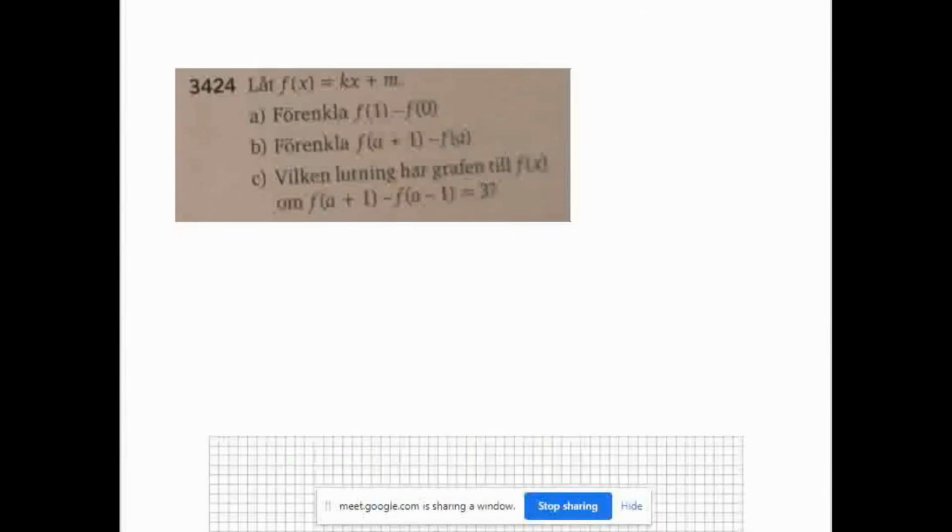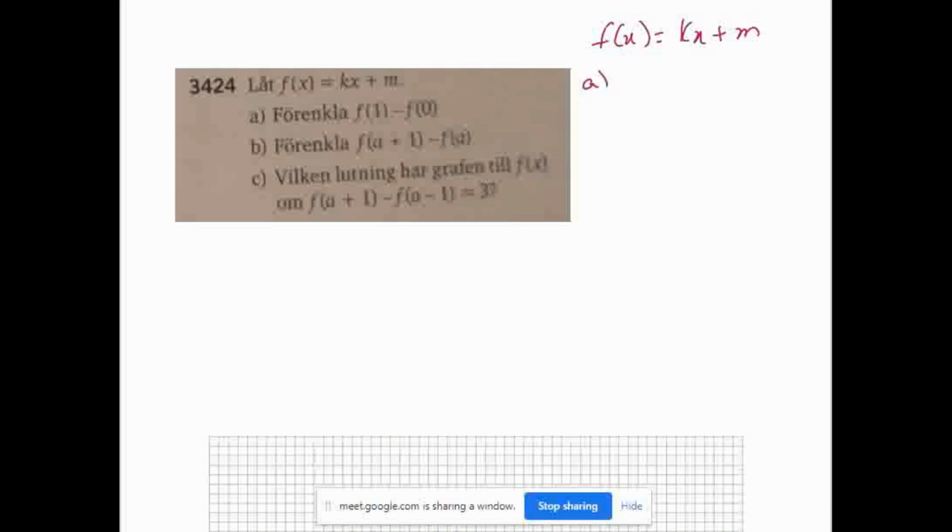Now I will expect that you will attempt the first question, and the first question is very simple and quite similar to the previous one: f of x is equal to kx plus m. The previous one was the basic level. This is somehow an intermediate level question.